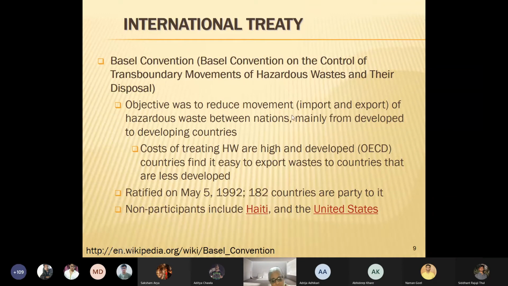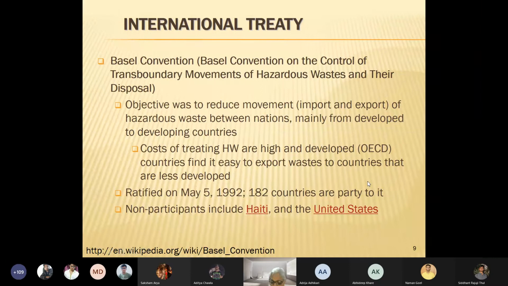So this, on an economic basis, is what encourages the illegal trade, the import and export of hazardous materials from developed to developing countries. So this international treaty, which has more than 182 countries that are already signatories to it, was signed because philosophically and in principle, everyone agrees it should not happen.